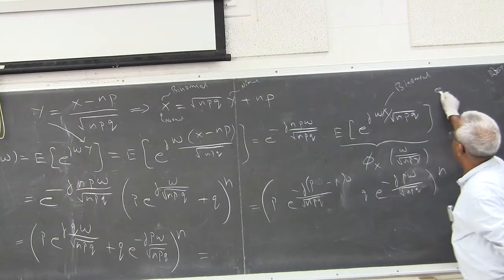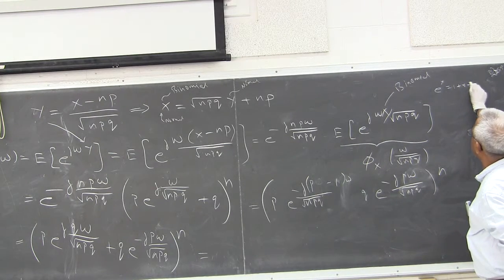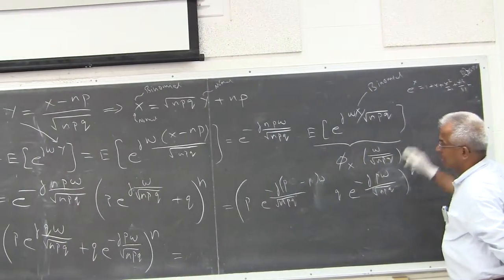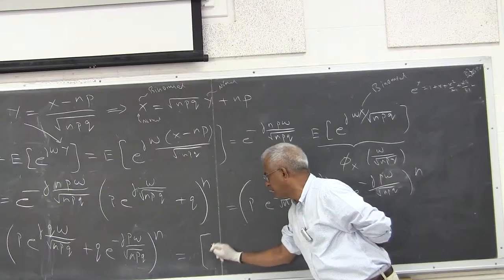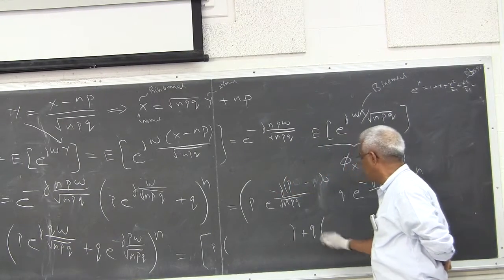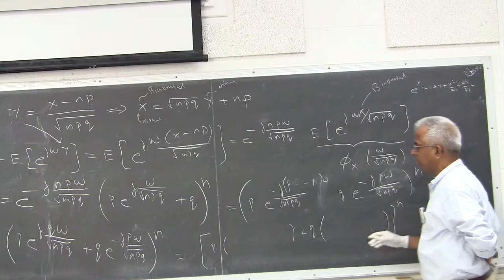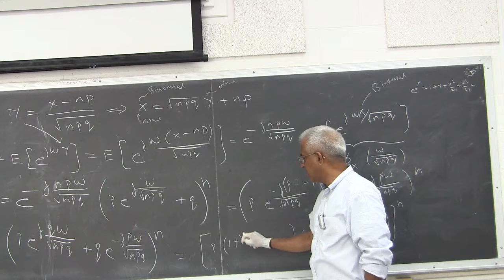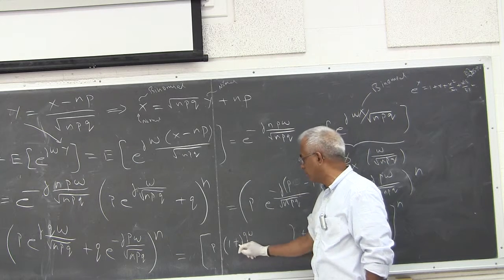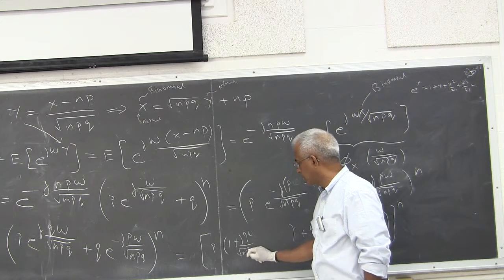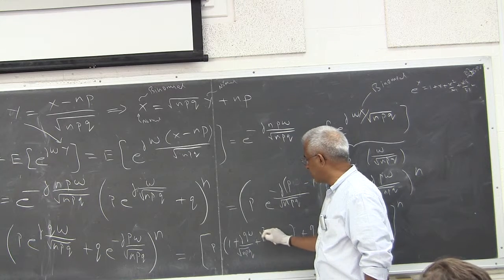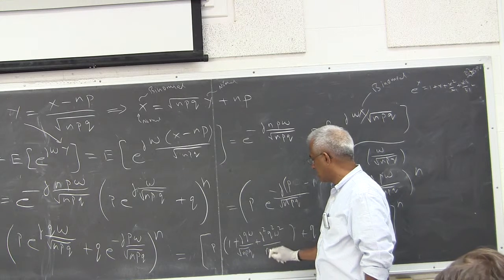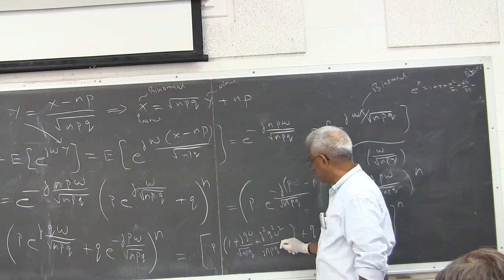Now you expand. Remember, e raised to x is 1 plus x plus x squared by 2 factorial, etc. So expand both the e terms. So this now reads p multiplied by something plus q multiplied by something, to the power n. So let's see what is inside. So this is 1 plus j q omega over square root of npq, and then plus j squared q squared omega squared over 2npq, and plus higher order terms.